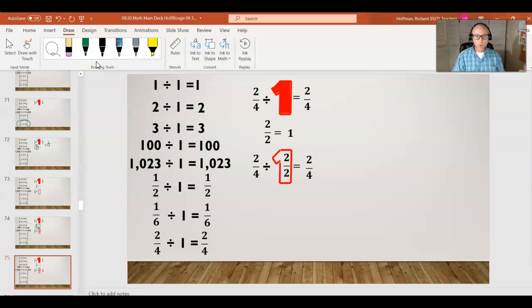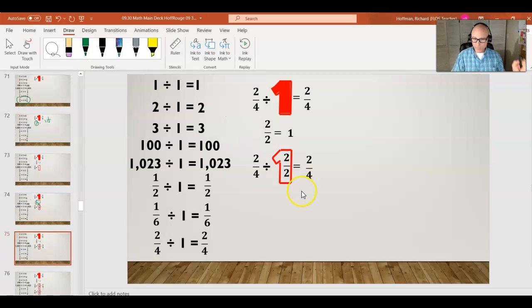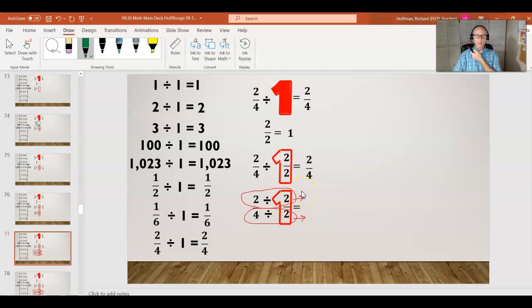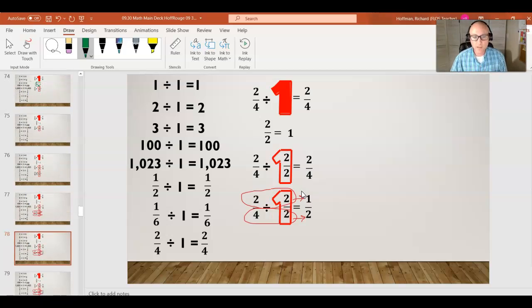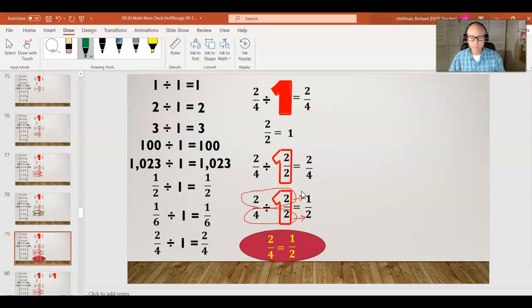We know this is 2/4, but this time let's go straight across. 2 divided by 2 is 1, and 4 divided by 2 is 2. So therefore, 2/4 equals 1/2.